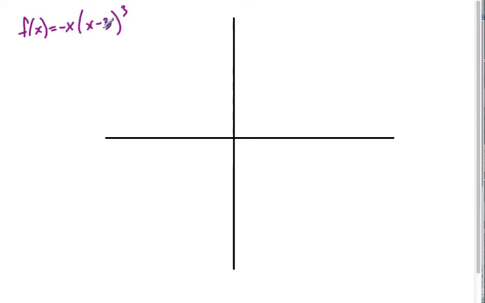Okay, so now you have to imagine if I expanded all this out, in this bracket I get an x cubed. That's the highest exponent I'm going to get, and then I'm going to multiply that by an x. So this means this is a degree 4 polynomial. Alright, and it also has a negative leading coefficient.